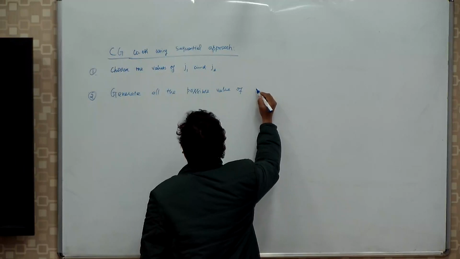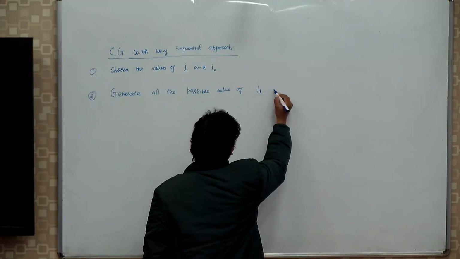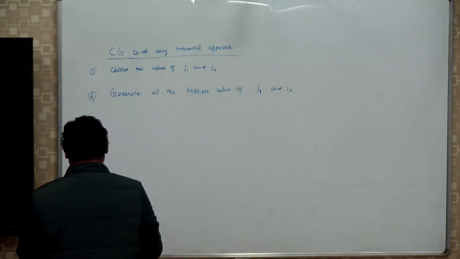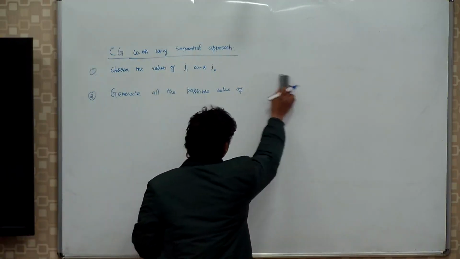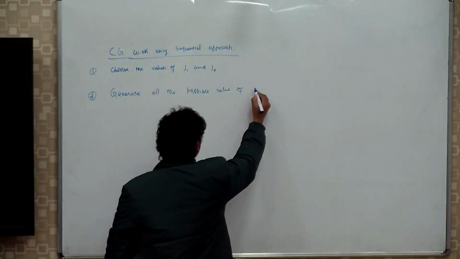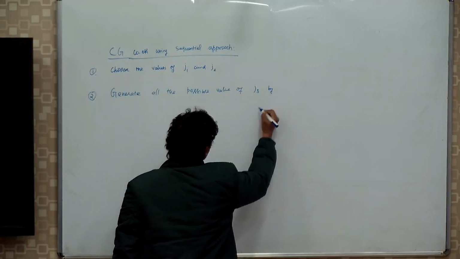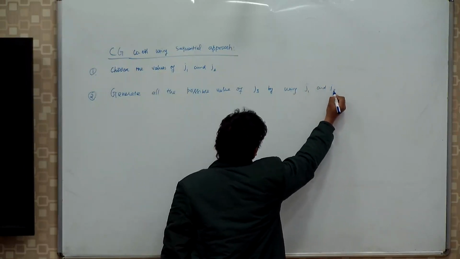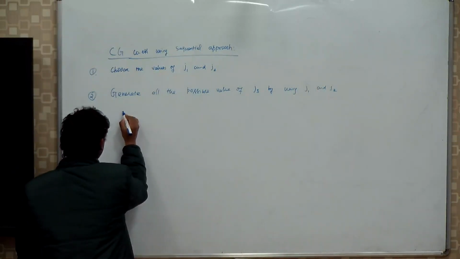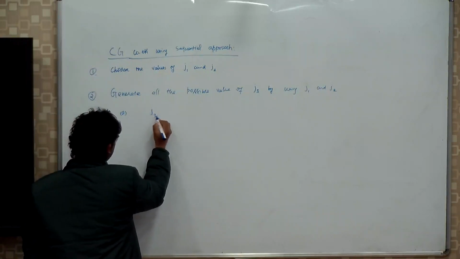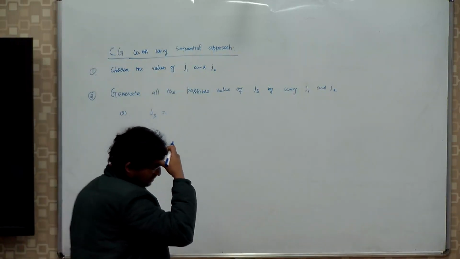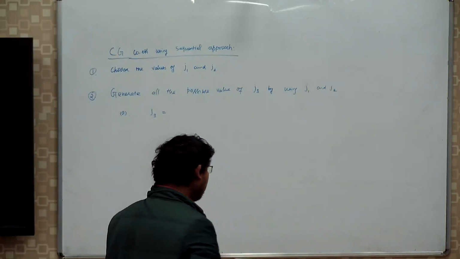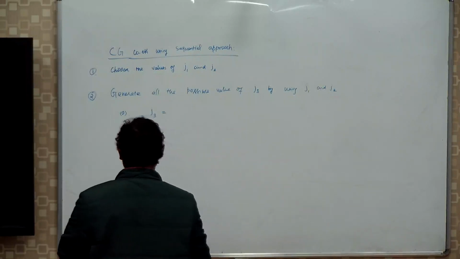So, possible values of j1 and j2, then possible values of j3 using j1 and j2. For writing j3, as we already discussed under the selection rule, j3 can go from j1 plus j2 to the modulus of j1 minus j2, that means j maximum to j minimum.